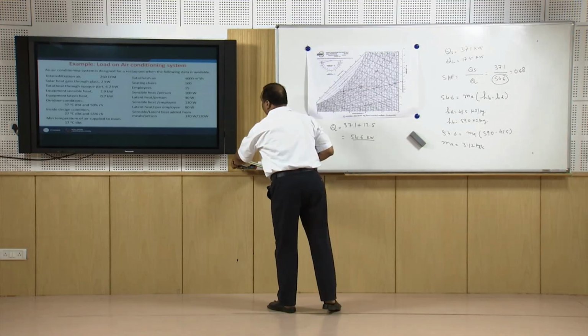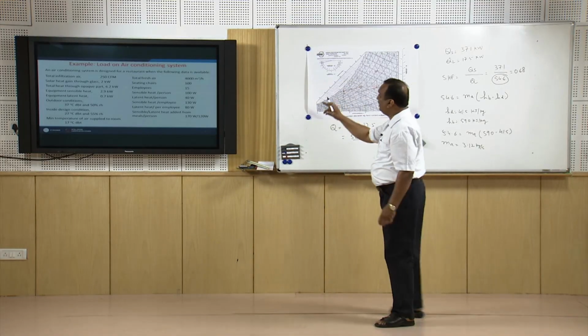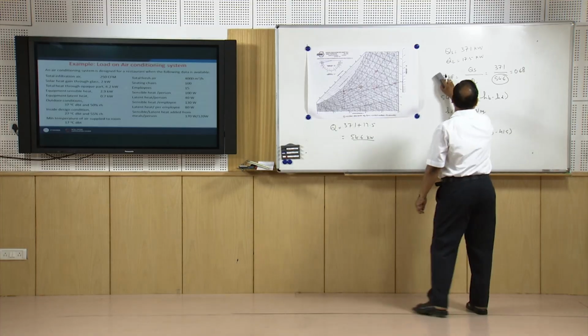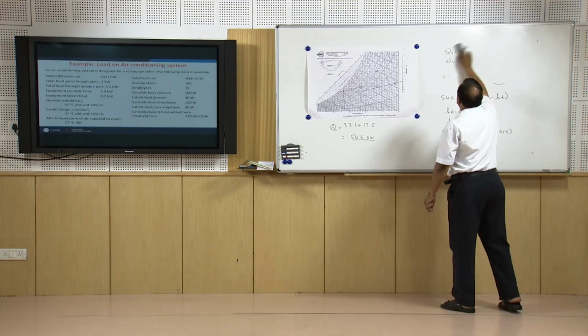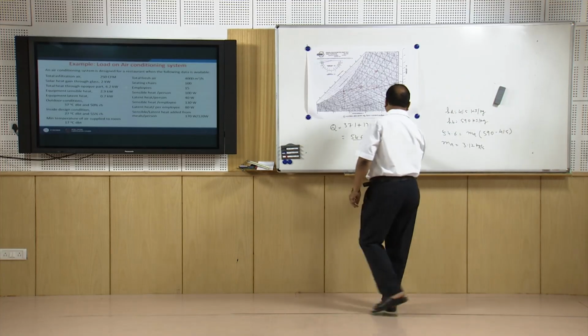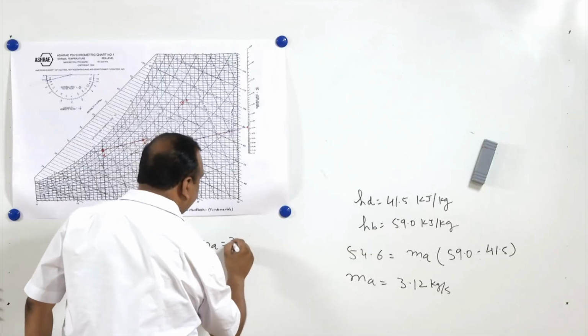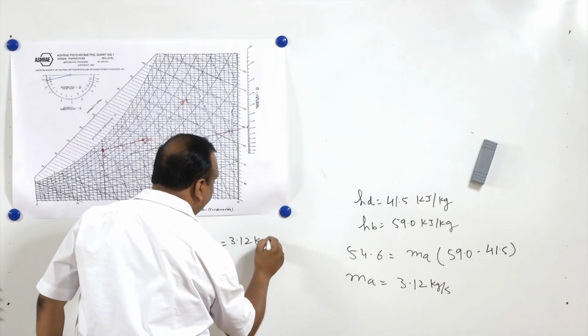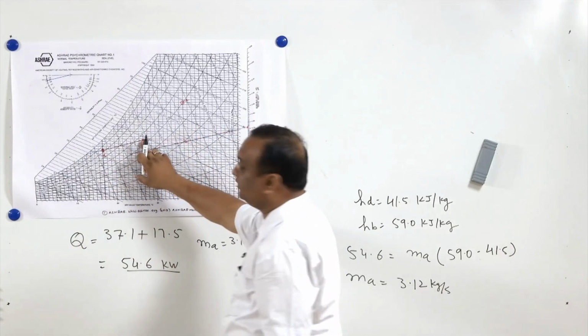Right? Fresh air available is 4000 meter cube per hour, the outside air which is coming in. The mass of the air is 3.12 kg per second, which has to be circulated inside this room.